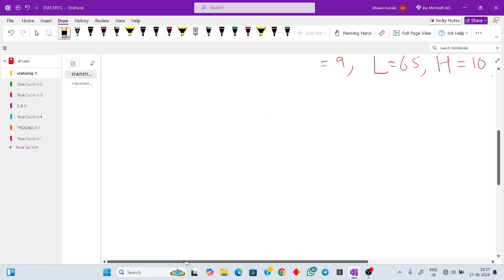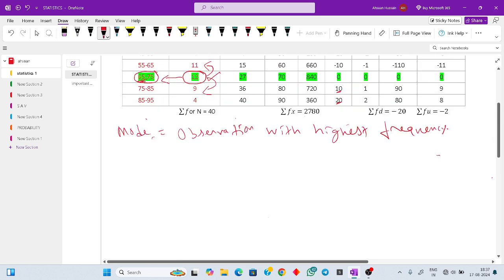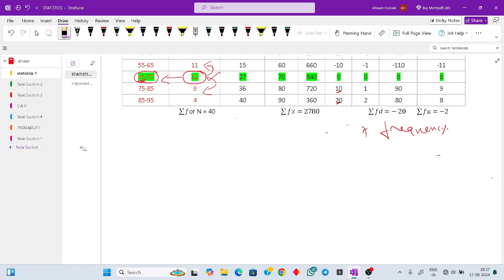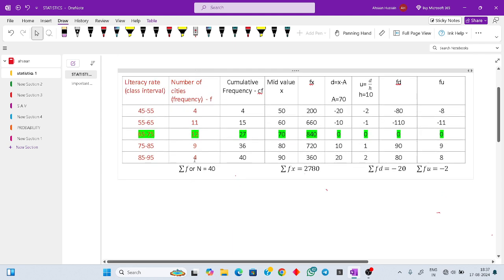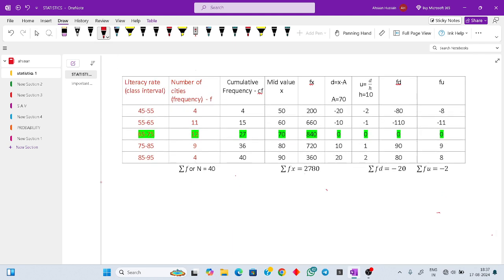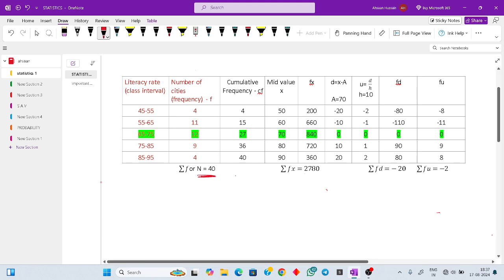We can skip the video while I'm raising the question. Okay. So to find median, we need to follow a process and be focused here. First of all, we'll divide this value of n by 2. So n by 2 means 40 by 2, which will give 20.